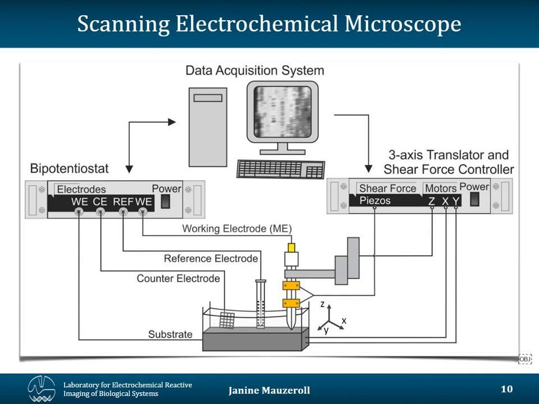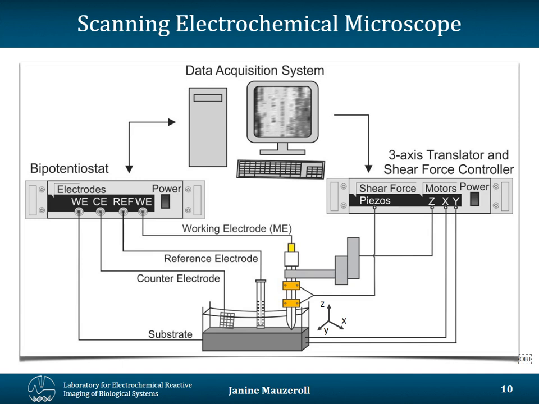We have a reference electrode and a counter electrode, and a second working electrode, which oftentimes is the substrate. Although it could be connected to a bipotentiostat, and actually we can use the bipotentiostat to apply a potential or a current at the substrate, it doesn't necessarily need to be poised for SECM to work.